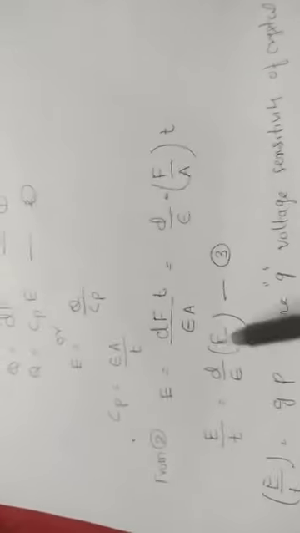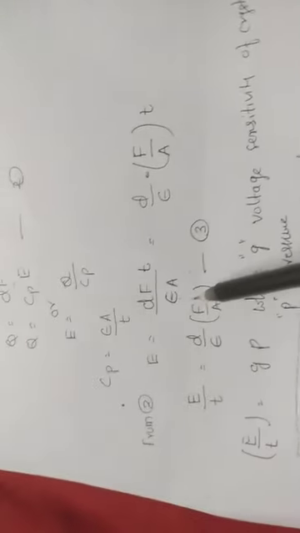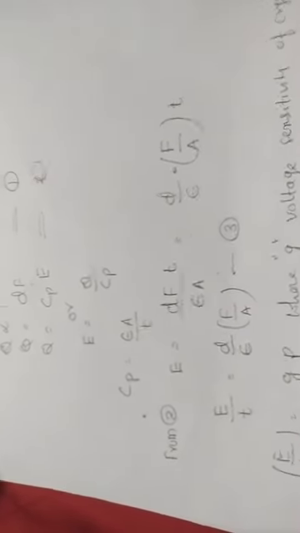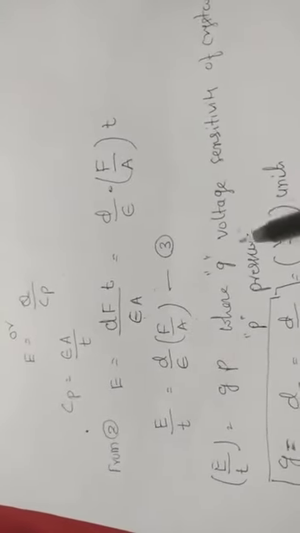What is Q? Q is D into F. Substitute the Cp value here, epsilon A by T. So the equation becomes E by T is equal to D by epsilon into F by A. This E by T is equal to G into P, where G is the voltage sensitivity of the crystal and P is pressure.